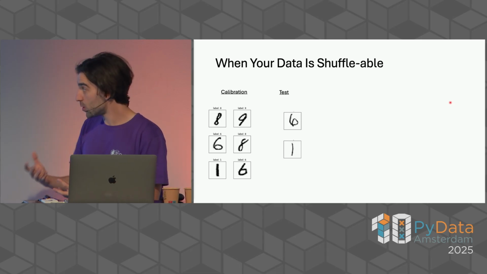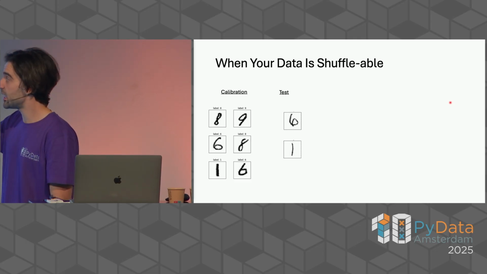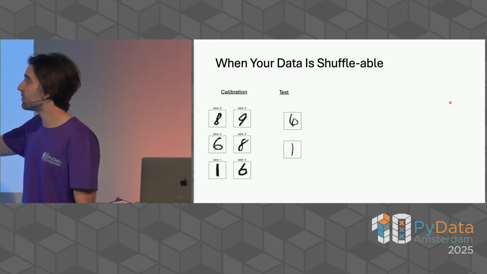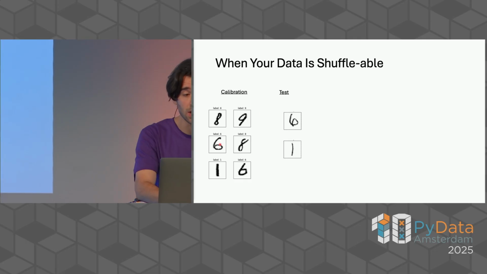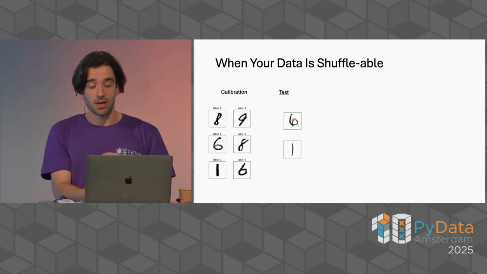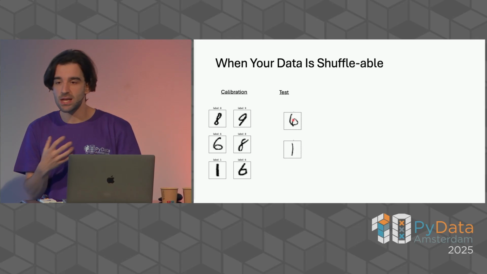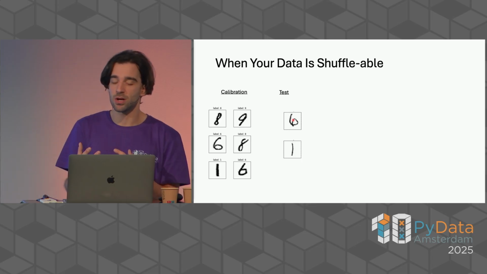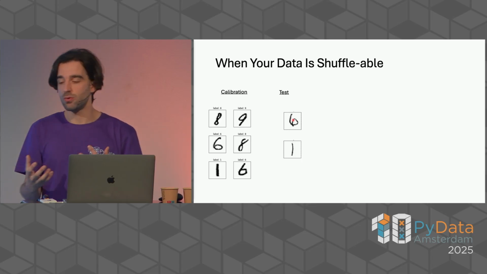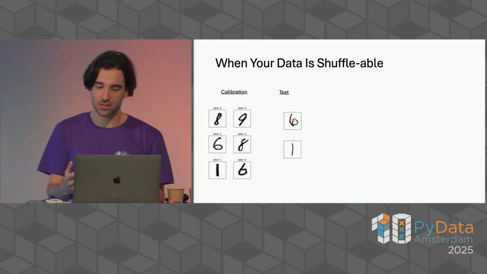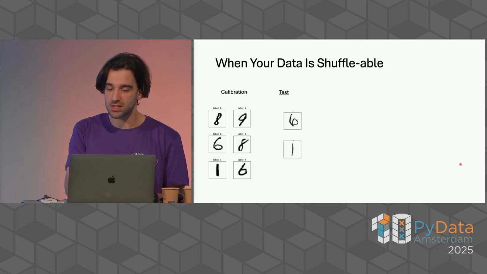So although I see a 6 on the left and a 6 in the middle of the screen, they look the same. They're not different in a way where somebody just drew a 6. So these data are exchangeable.